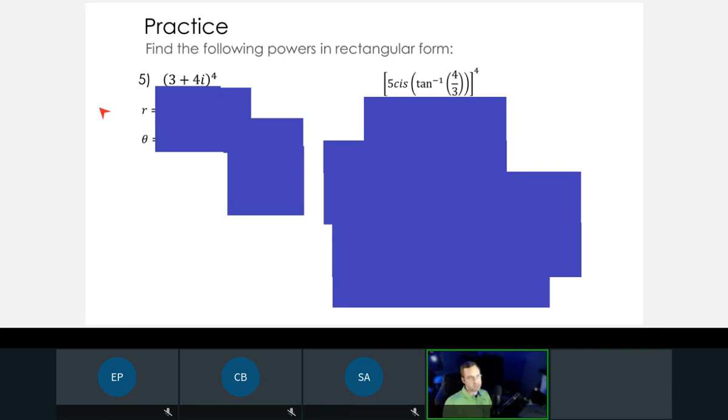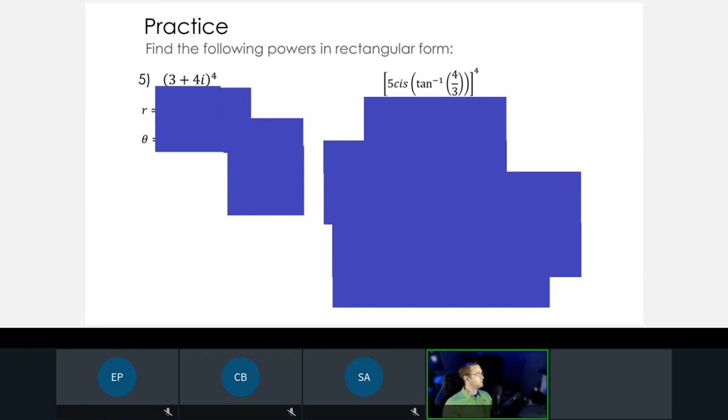All right, so from yesterday, we have to convert this into polar form. If we remember correctly, how do I find the R value? The square root of a squared plus b squared.